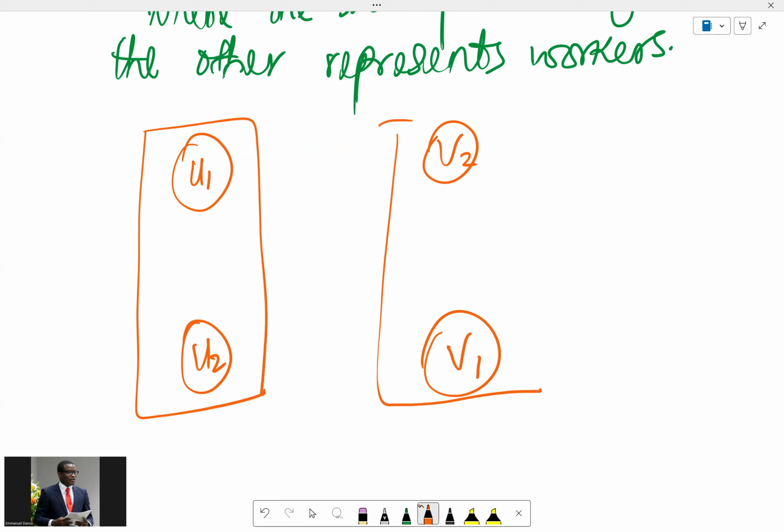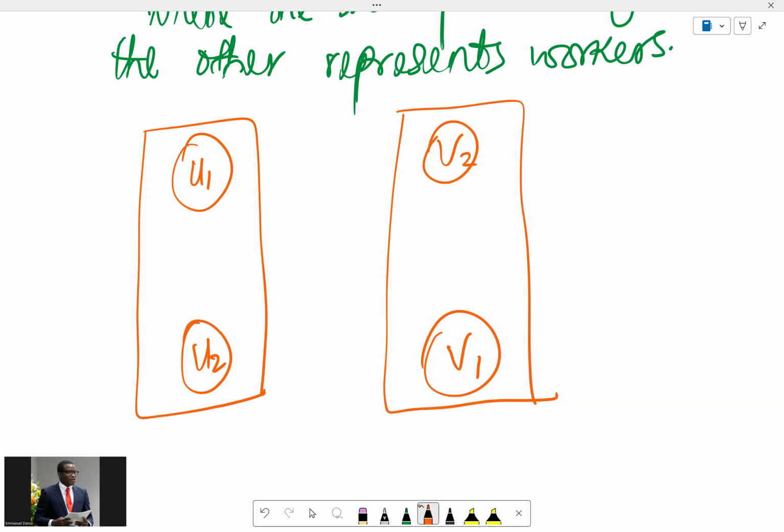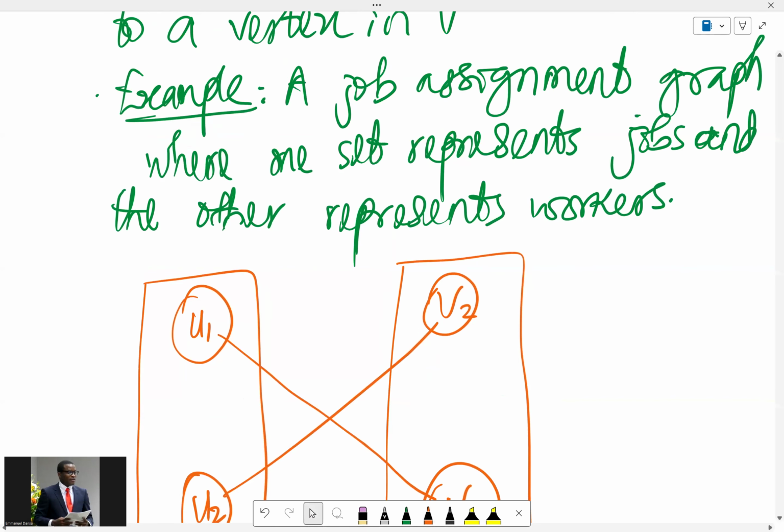Then one edge connects two different vertices in the other sets. So you can have U1 connecting V1 and U2 connecting V2, something like this. That is what we call a bipartite graph.